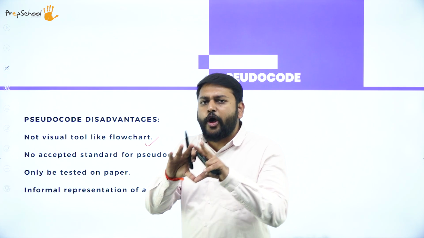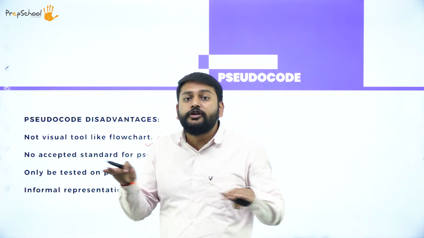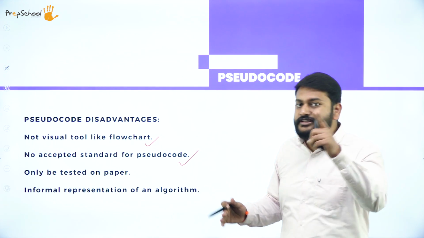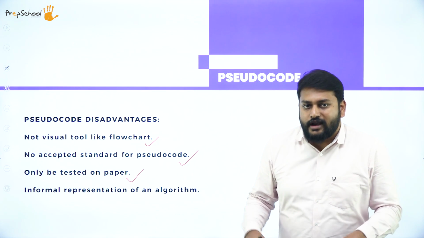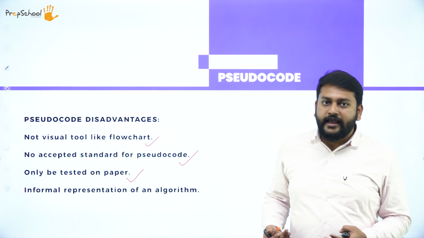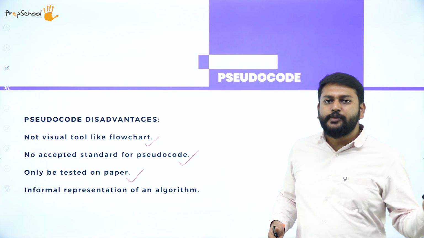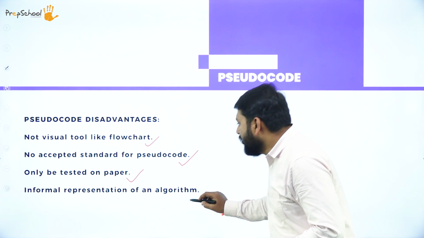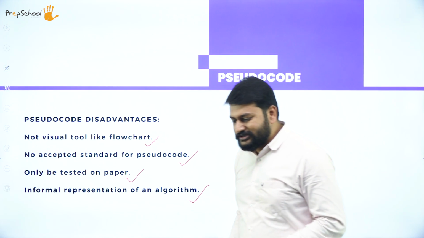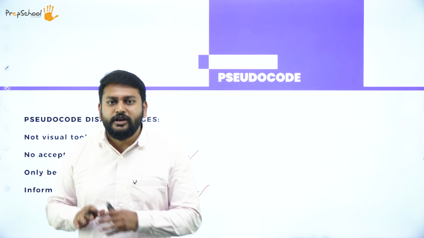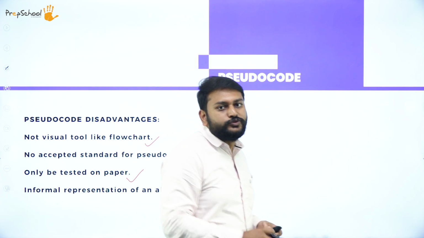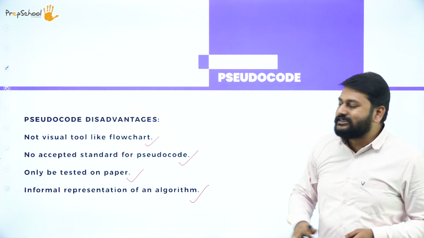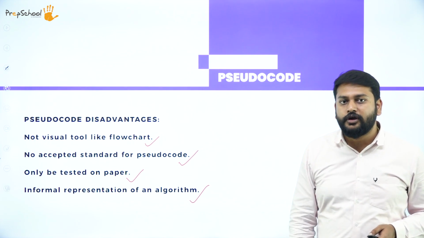That's the second point that you need to remember. And it can only be tested on paper. You cannot run that and you cannot see the execution. You can just test it on paper, that's it. All right. So this is an informal representation of an algorithm. This is how you can write the algorithm in an informal way, to understand the sequence of the flow. These are the drawbacks that you have with respect to the pseudocode.